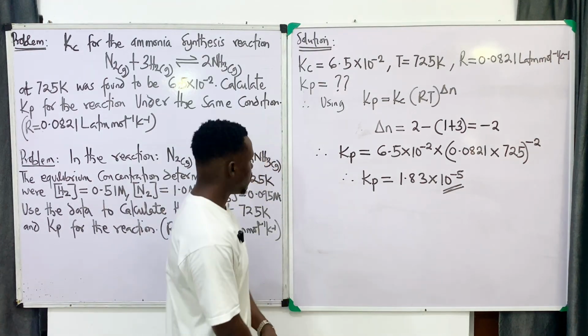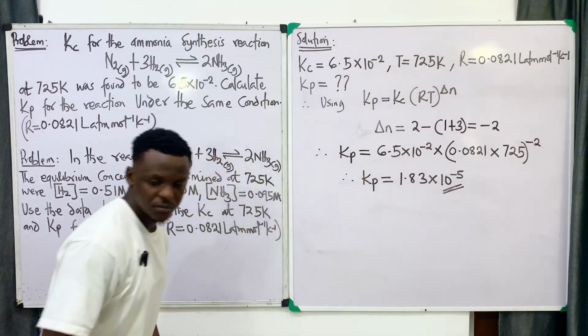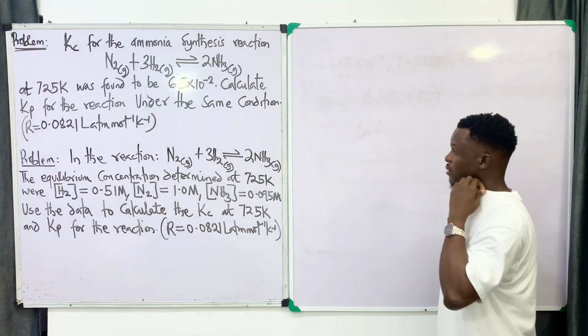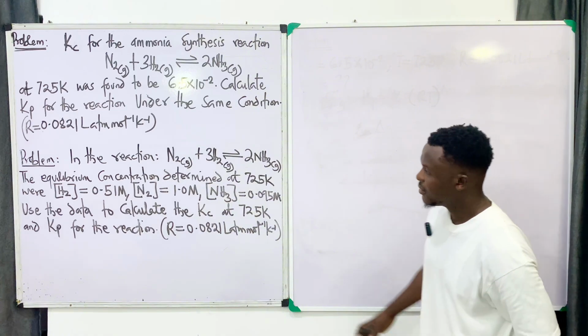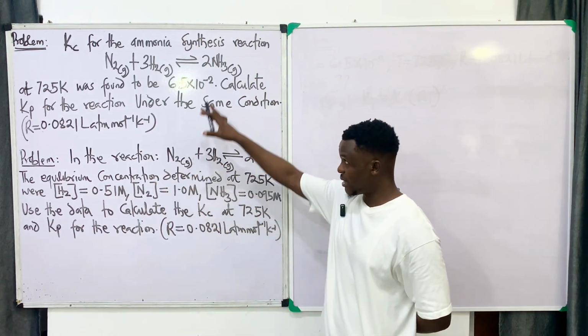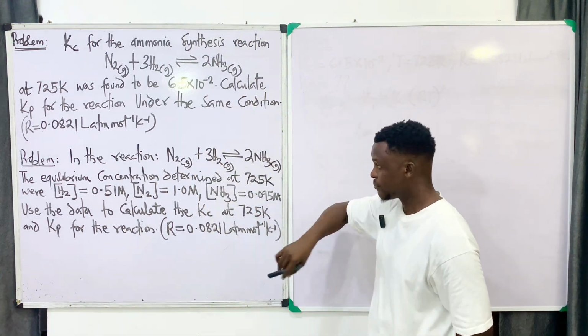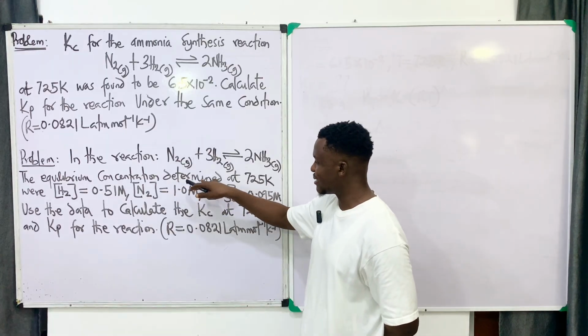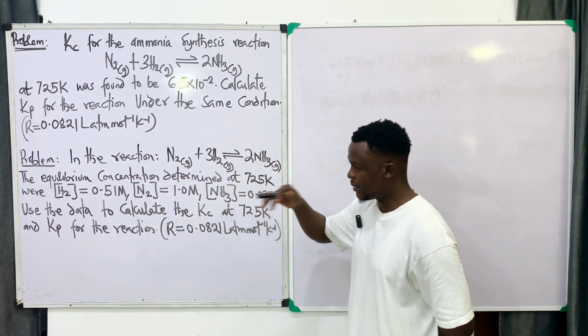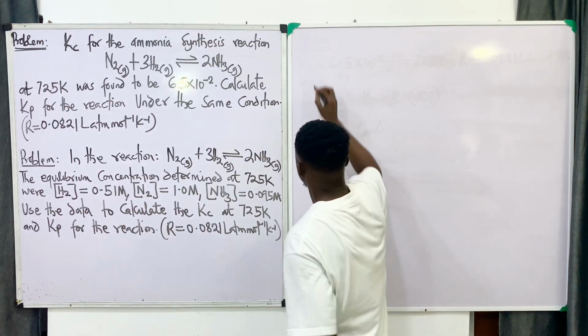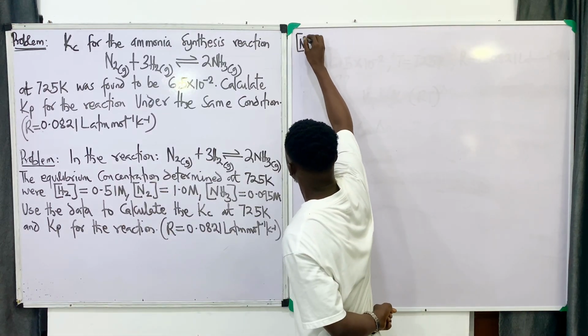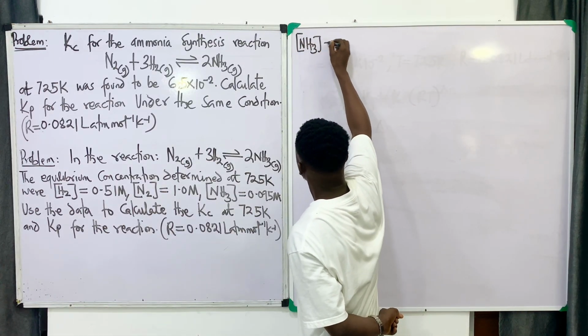Okay? Now, let's solve for the second question. The second question says, in the very same reaction as the one we have up here, the equilibrium concentrations determined at 725 Kelvin were these.